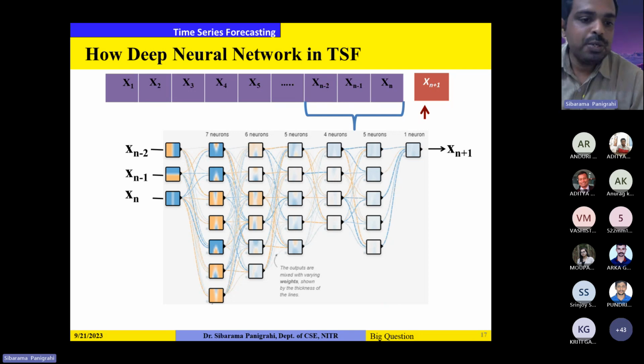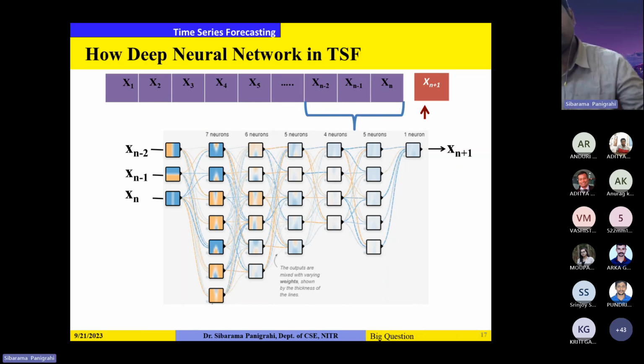But here the big question is how to know the architecture and other hyperparameters of the deep learning model, because the performance of the deep learning model is dependent on its architecture and other hyperparameters.